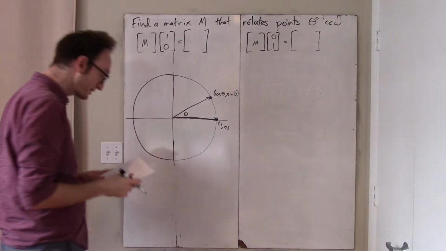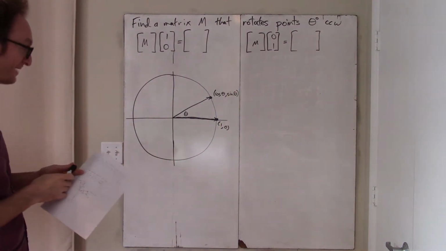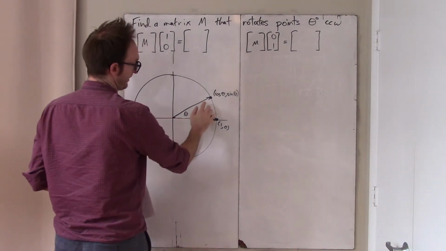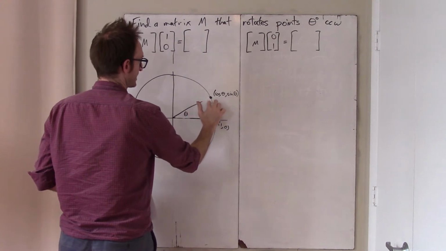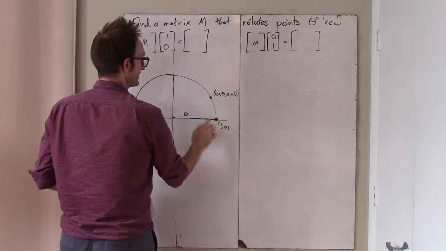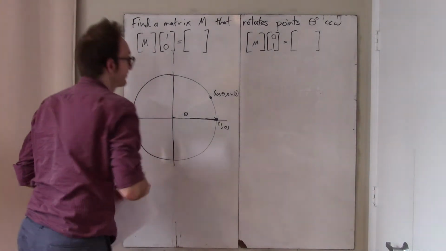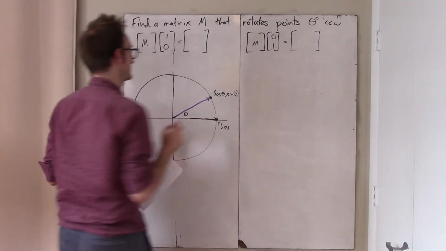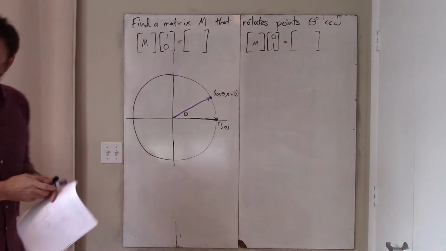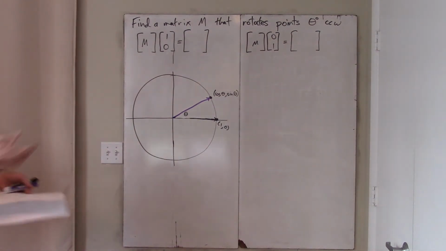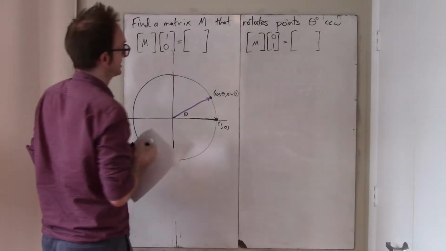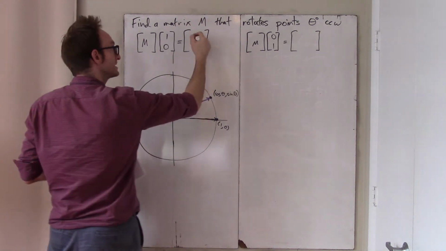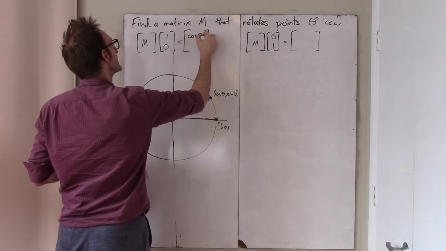In other words, the first part of this question answers itself very quickly. This was my original vector. In purple, I will draw my transformed vector, the vector after having rotated. That's just (cosine theta, sine theta). So actually, that's just the answer, right? This matrix should take the vector (1, 0) and send it to (cosine theta, sine theta).